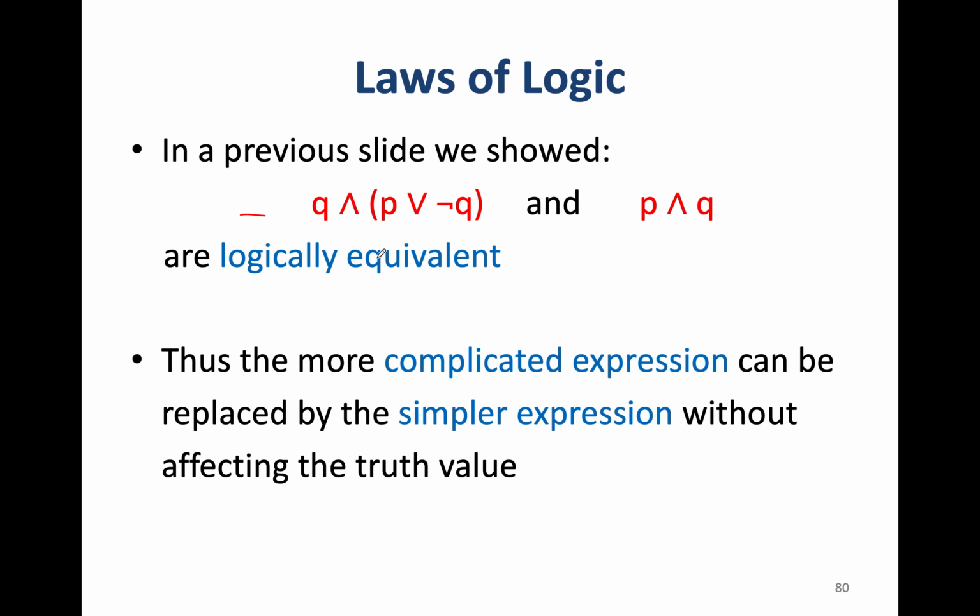In the previous slide, we came across those two logical expressions, Q and P or not Q, and P and Q. And we saw that those two expressions are logically equivalent. So from here, you can see that some complicated expression can be replaced by a simpler expression without affecting the truth value.